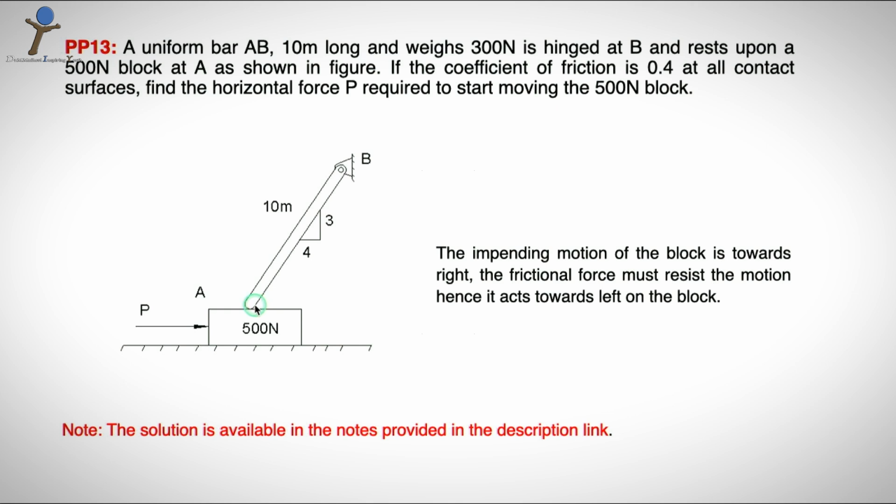If the coefficient of friction at all contact surfaces is 0.4, that means here as well as here it is 0.4, then find the horizontal force P required to start moving the block of 500 Newton. The impending motion of the block is towards right and the frictional force resists the motion, hence it acts towards left on the block.